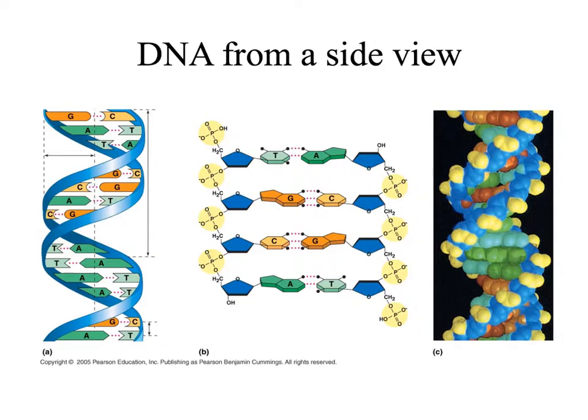And so from a side view, this is what we see. What are this T and A, do you think? Thymine and adenine. And our G and our C are going to be guanine and cytosine. And then hopefully you can recognize what's going on with the rest of these. If not, you really need to be studying your notes on those macromolecules.